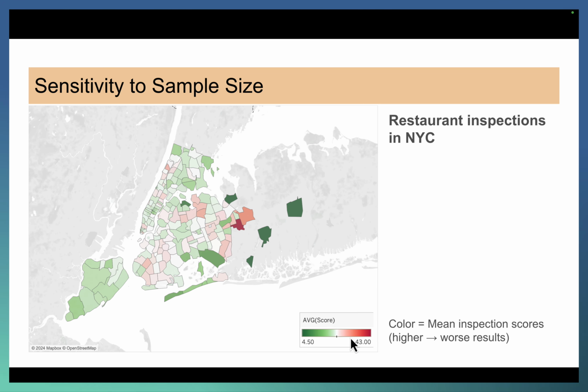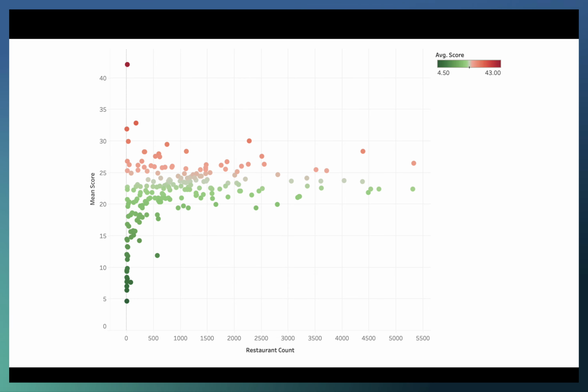Another way to look at the same trend is through this scatter plot. What do we see in the scatter plot? Every single data point represents one zip code, and the data point is placed according to the restaurant count and the mean score. The restaurant count is the sample size.